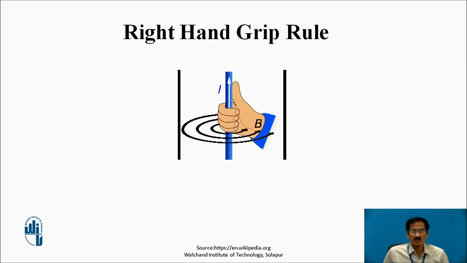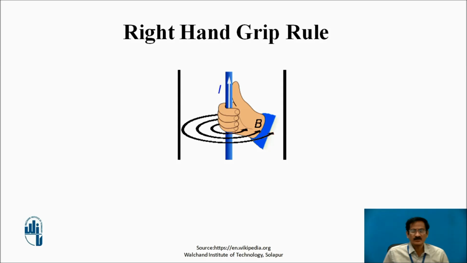The direction of the induced magnetic flux will depend upon the direction of the current. If the direction of the thumb is away from us, then the curved fingers will be clockwise. Hence, we can say that the direction of the flux is clockwise.